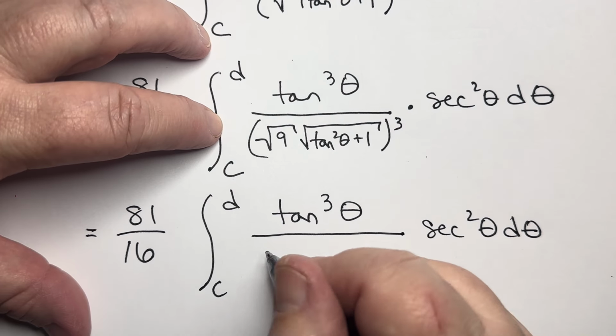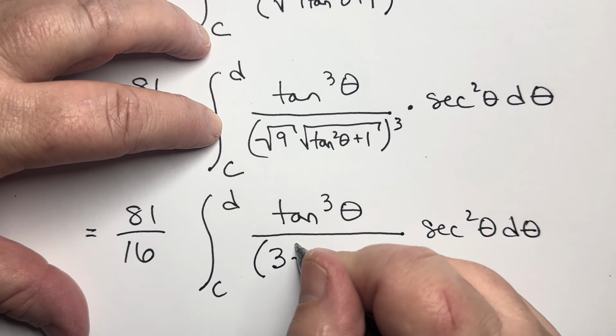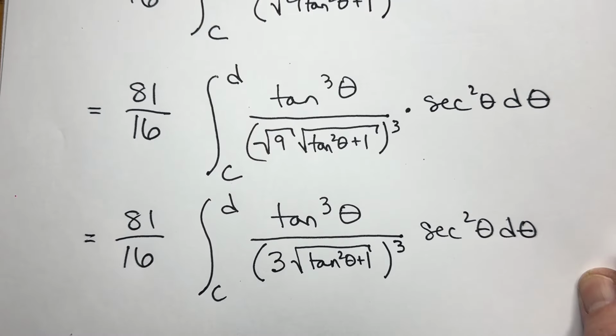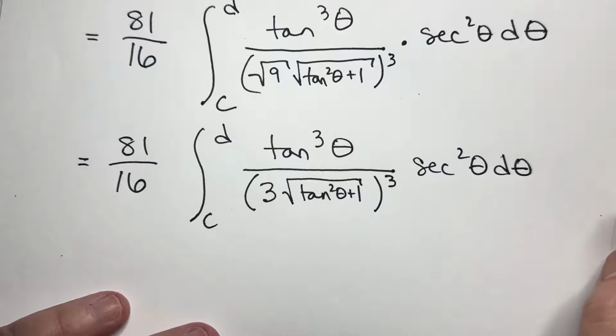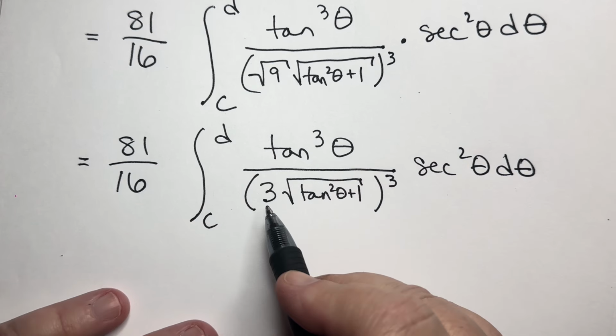And then down underneath, I've got a 3 times the square root of tangent squared theta plus 1, the whole thing cubed. So far, so good? Okay. This is 3 cubed. 3 cubed is 27. So I've got 81 over 16 times 27.